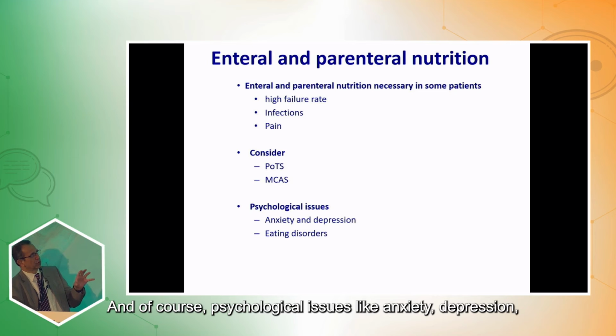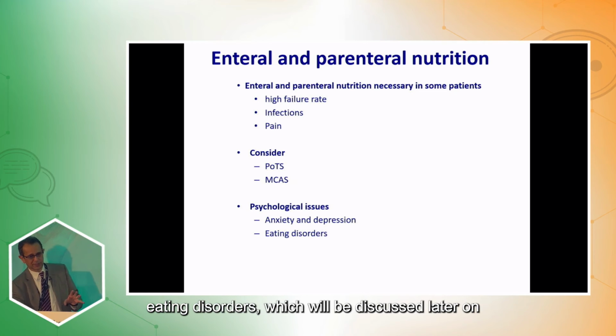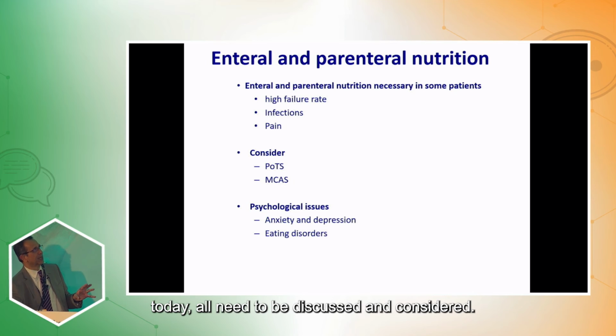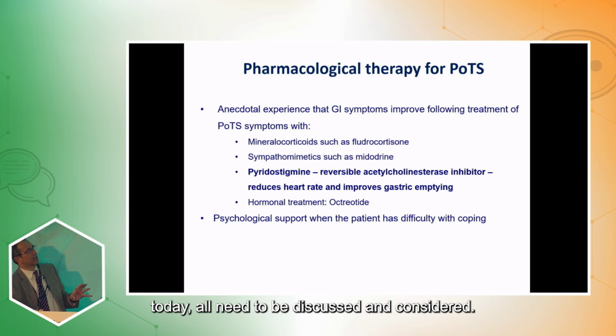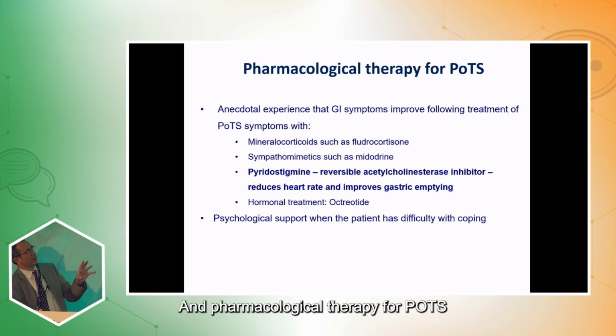And of course, psychological issues like anxiety, depression, eating disorders, which will be discussed later on today, all need to be considered. And pharmacological therapy for POTS particularly can be helpful.